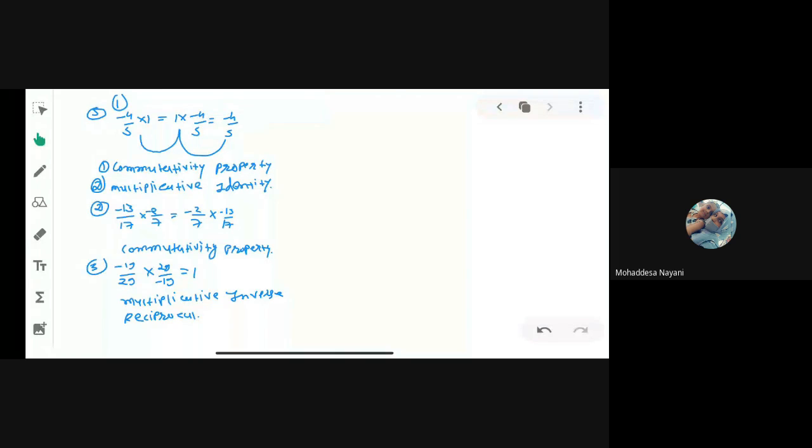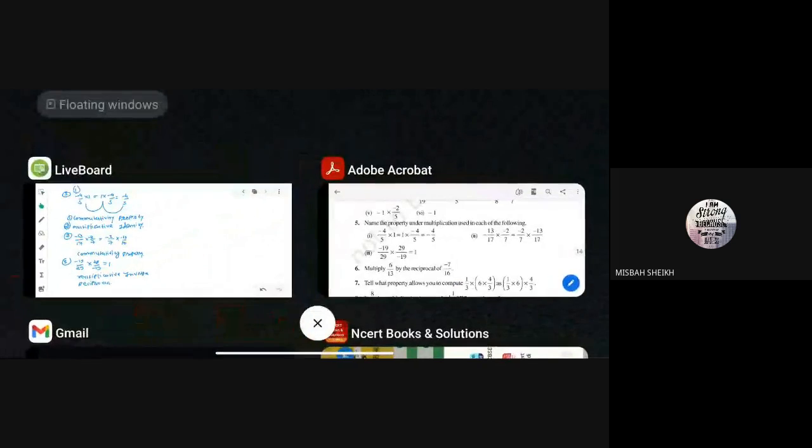You have to write down everything from your lecture. Okay, written all of you? Yes, sir. Okay, now you can see question number 6. Multiply 6 by 13 by the reciprocal of minus 7 by 16.